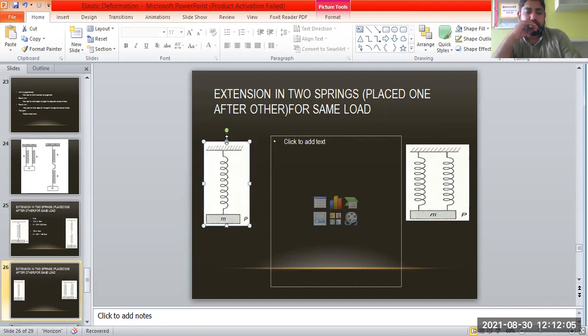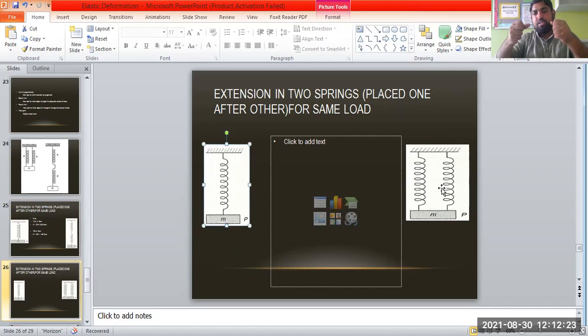The length of the springs is the same, but I've connected two springs, so it means I have doubled the cross-sectional area. So what will happen? Consider that you have two wires of the same length. One is a thinner wire and the other one is a thick wire.